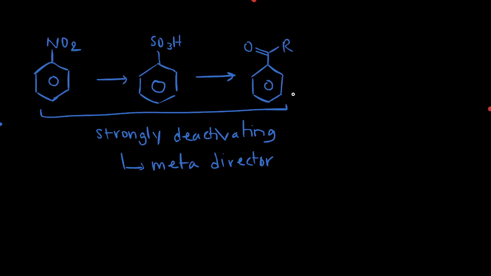We would only have products where the next substituent would attack this meta position, and that is the concept here with these different directing groups. Based on adding or removing different substituents at different points along this synthesis, we can influence the locations of our substituents. We can produce very precise products here. So here we have these strongly deactivating meta directors, right?